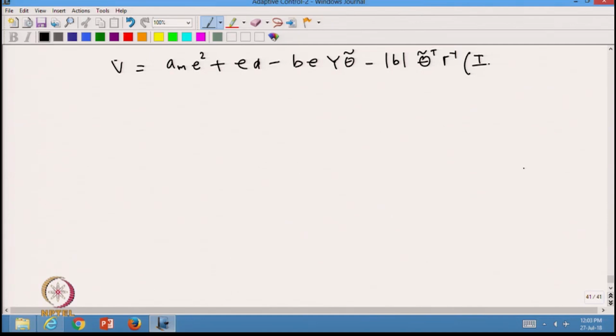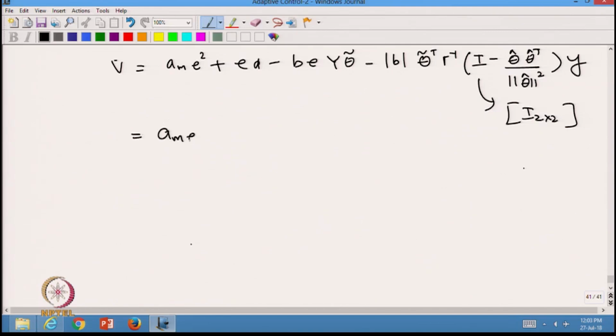So this is I minus theta hat theta hat transpose over norm of theta hat square times y. This I is in fact an identity matrix of dimension 2 cross 2. Okay, let us simplify this equation.